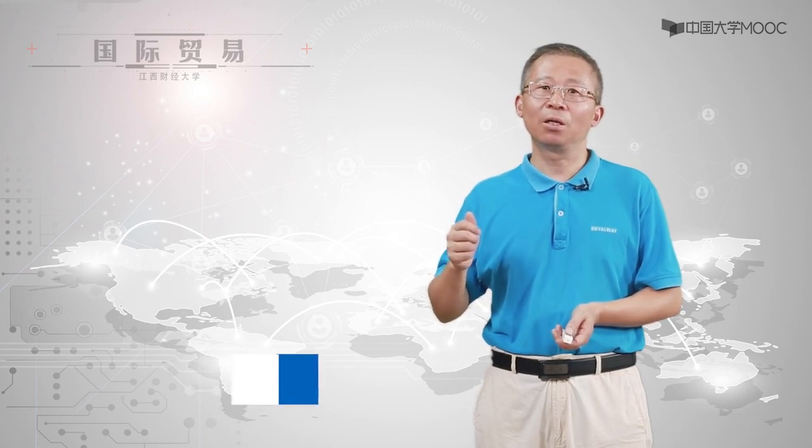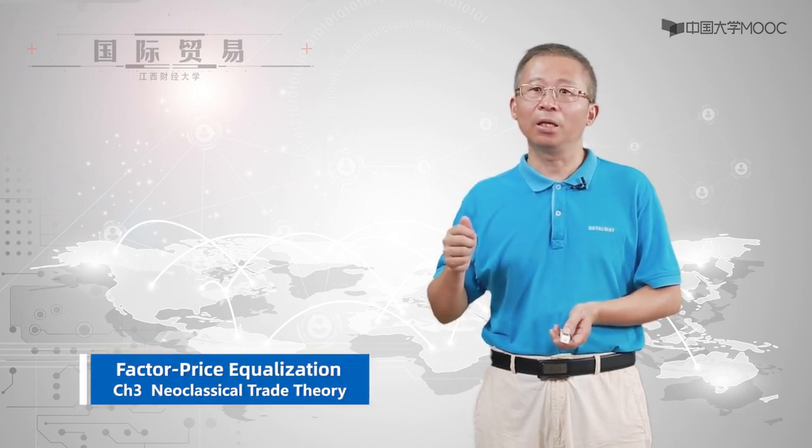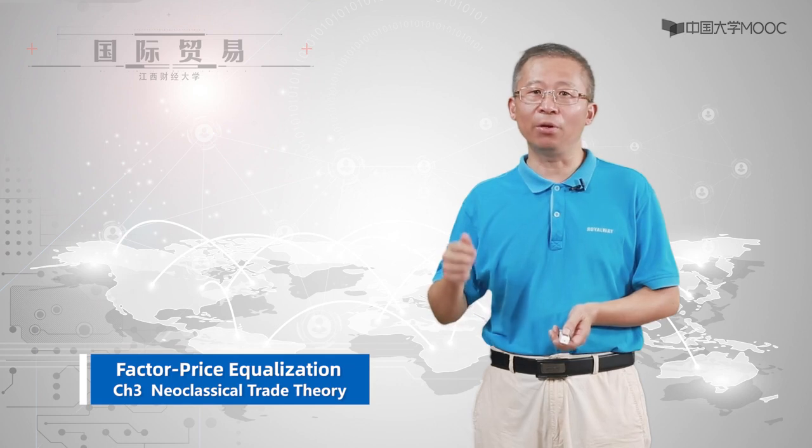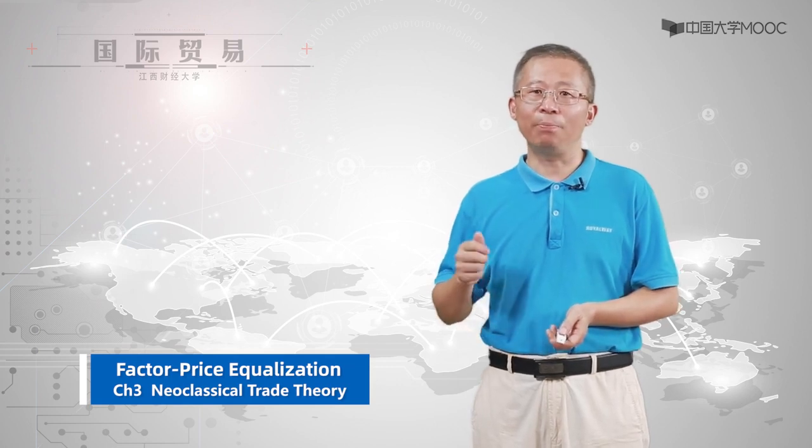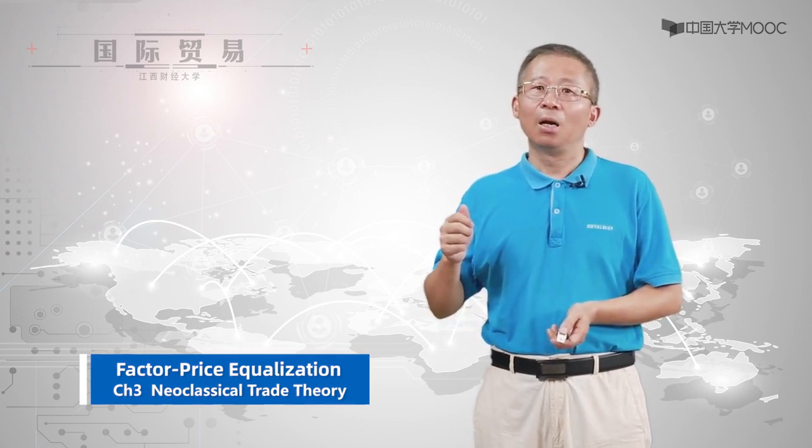Similarly, foreign's demand for cheap home clothes leads to an increased demand for labor in home, its abundant resource, and the price of labor rises in home.